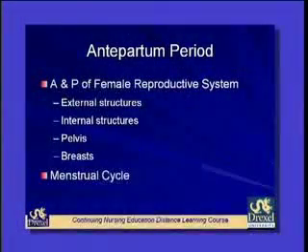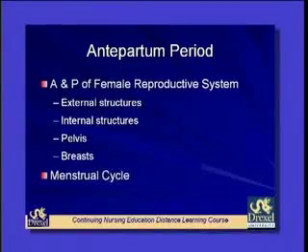But what I would encourage you to do is just review them, because as I talk about physiologic changes in pregnancy, some of these anatomical structures will so-called be moved around. So again, I would just ask you to review those for yourself. With regards to the pelvis, you will find that the pelvis and breasts are described as well. So again, I would encourage you to read about that anatomy.